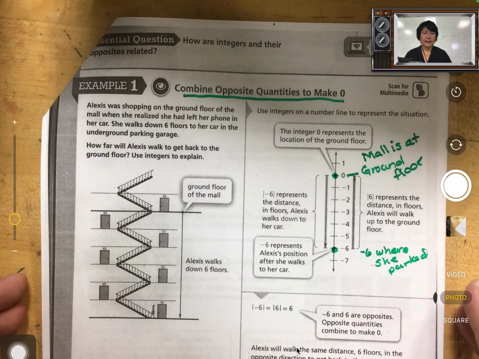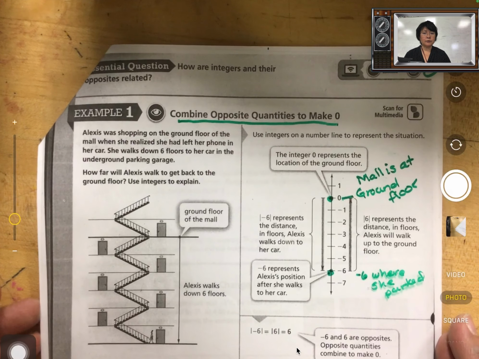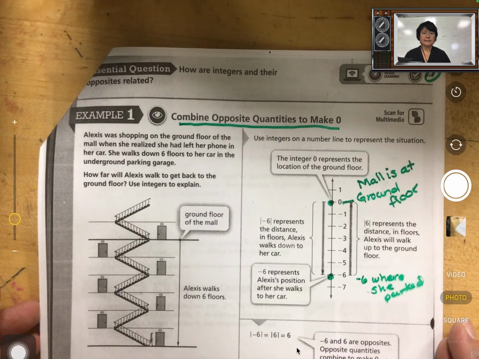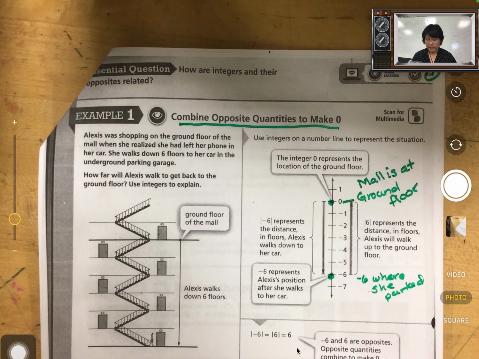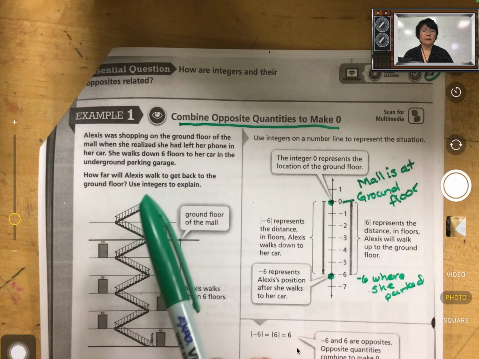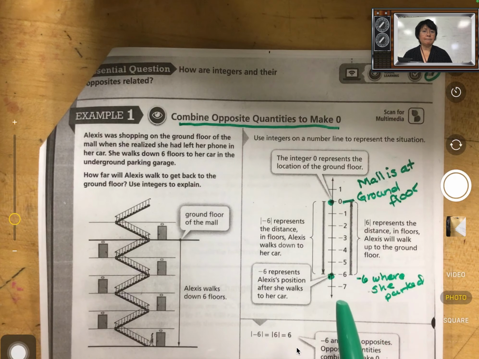Now let's begin our review of the examples. These examples are really important because you are learning to take a word problem and pull out the math that is within the word problem. So let's start with this.